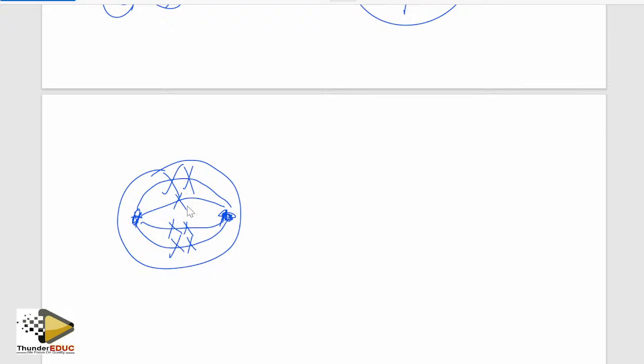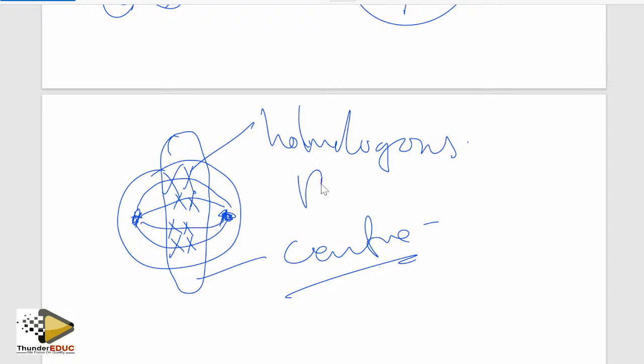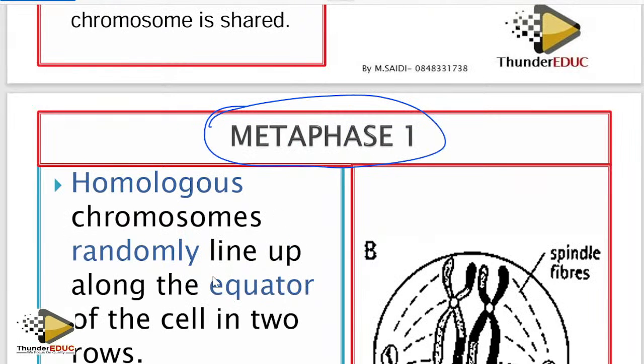See, in the center of the cell. They align themselves in homologous pairs. And then they align at the equator. Equator means the center of the cell. How do they align here? They do that randomly. That's why here, when you come here, we say homologous chromosomes align randomly.